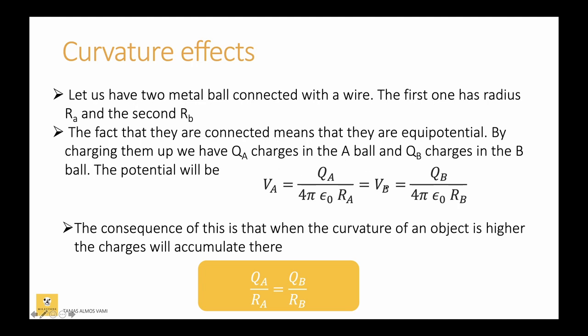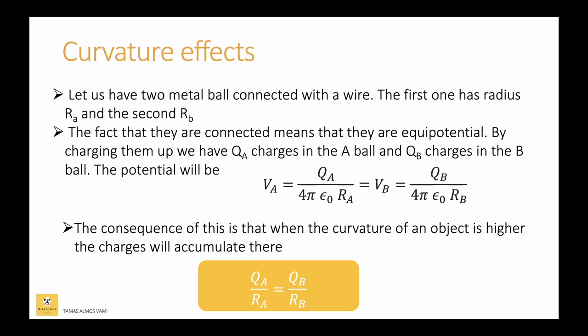And as I said, that's the same as the potential on the other ball, which is denoted as VB, and that's calculated as QB divided by 4 pi epsilon 0 times RB. And so we have a lot of common factors here. We can multiply with the 4 pi epsilon 0 and just get that the ratio of the charge and the radius is fixed.